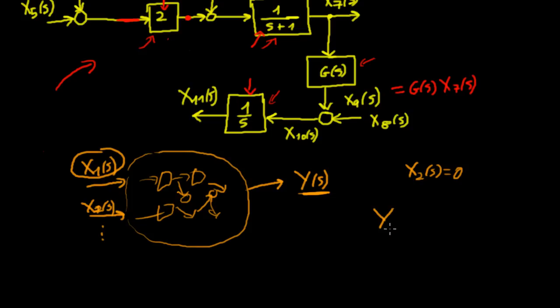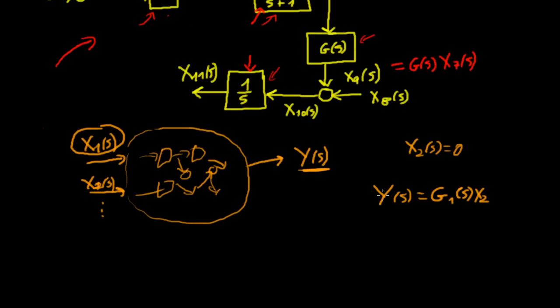So we could get y of s is equal to some g1 of s x1, but that's not the only component of y of s. So the second step would be to assume that now x1 of s is 0 and study the relation between x2 and y, and that would be the second component of y of s, g2 of s times x2.